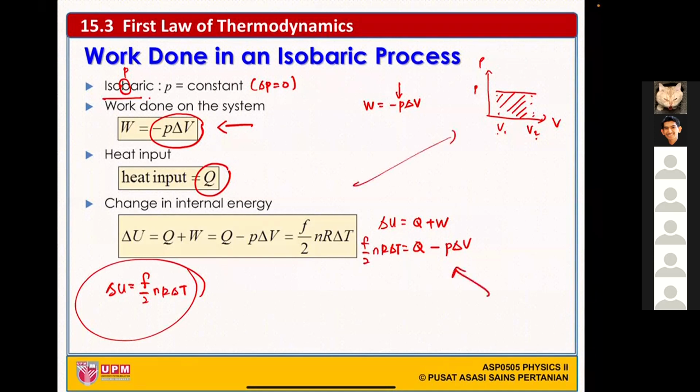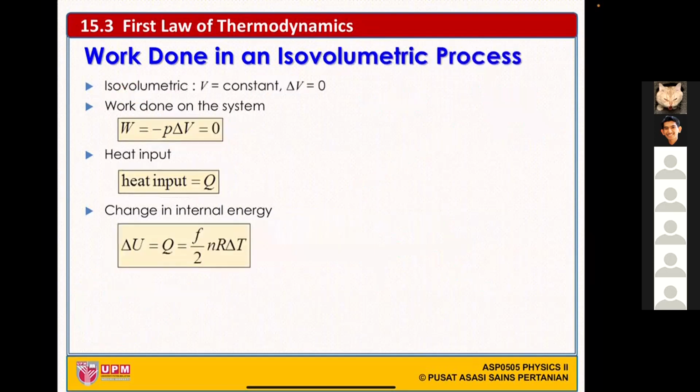So this equation can be used, for example, kita nak kira berapa bilangan of mole dalam satu gas, ataupun kita nak kira berapakah pressure untuk satu sistem tersebut. So kita boleh gunakan konsep isobaric. Tak apa, nanti kita tengok macam mana example dia, baru awak nampak macam mana kita nak apply this kind of equation.